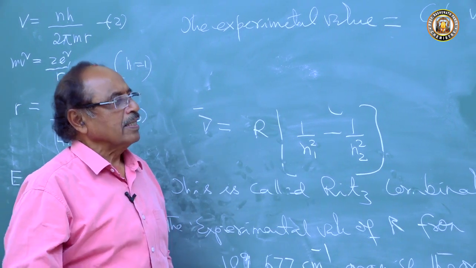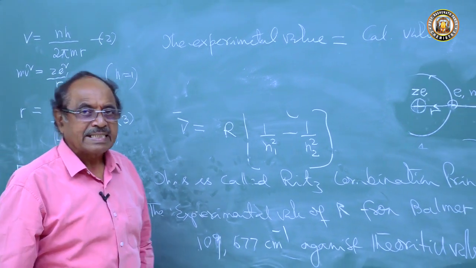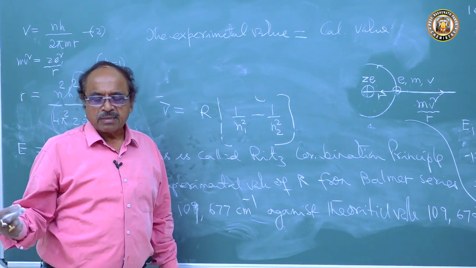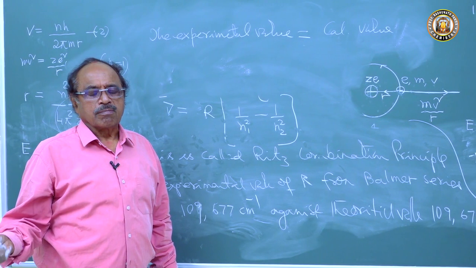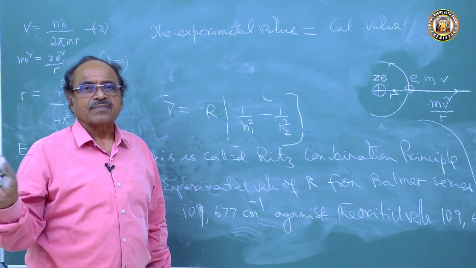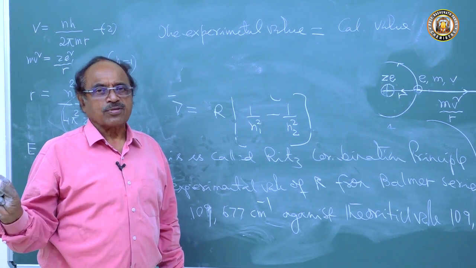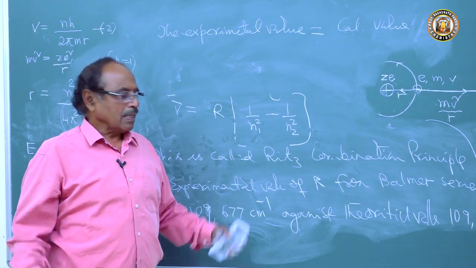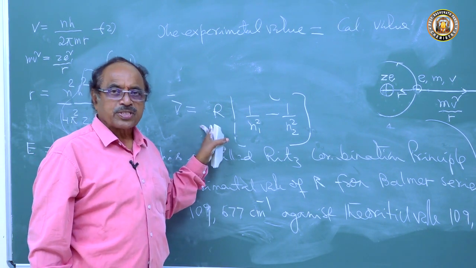So this is the reason why the Bohr model of atom is a quantum mechanical approach, where he could calculate the radius of an orbit, the energy of an electron, the energy involved during an electron jump, and the Ritz combination principle.